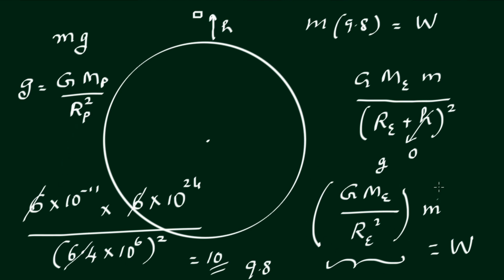For example, if I do this for the moon, I get g as approximately 10 divided by 6. The weight of an object on the moon is going to be about 1/6 the weight on the Earth. Of course, the mass will be the same. So now we are ready to get back to our original problem.